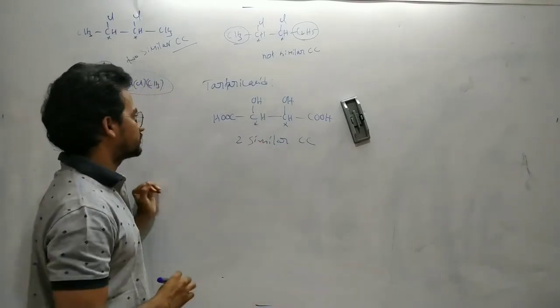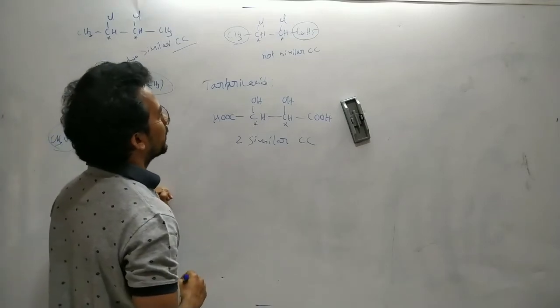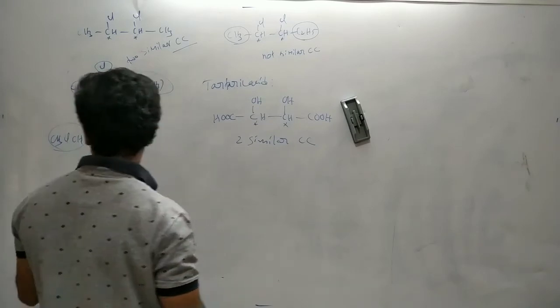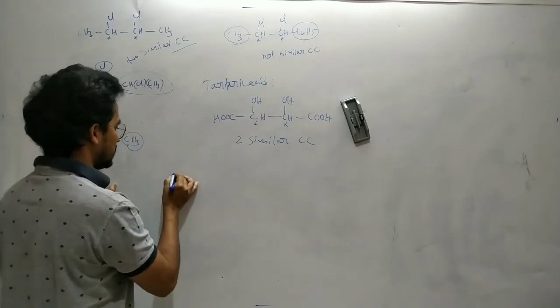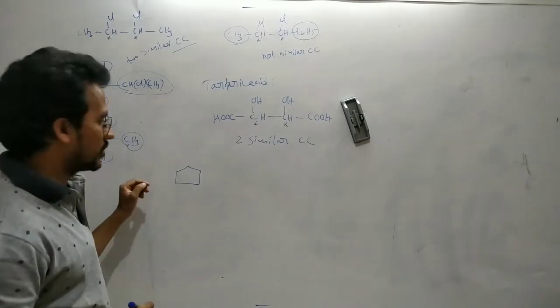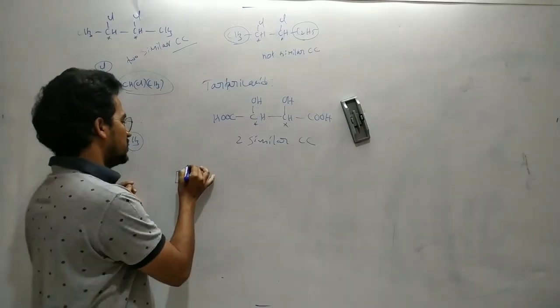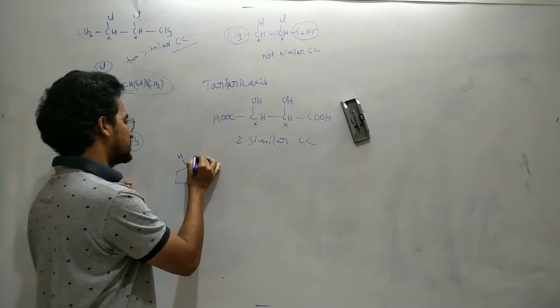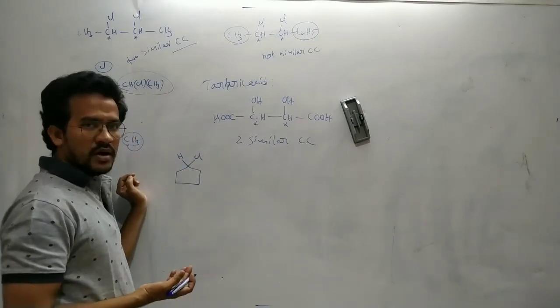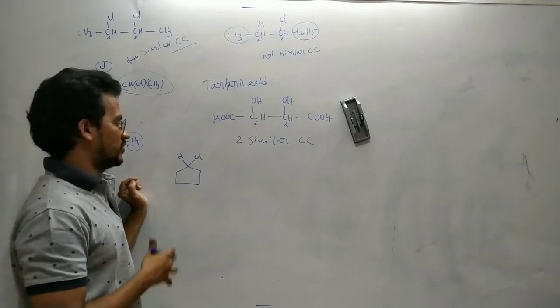That's it. Next, let us discuss some more examples in cyclic compounds. You can see this is cyclopentane. Here this is hydrogen and this is chlorine. This one has no chiral carbon. Why?